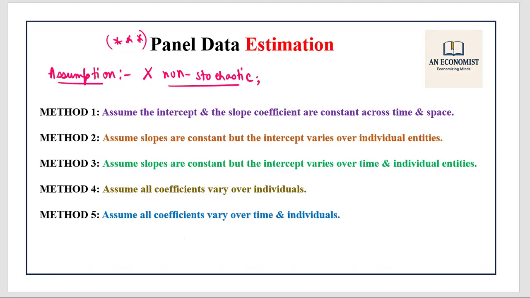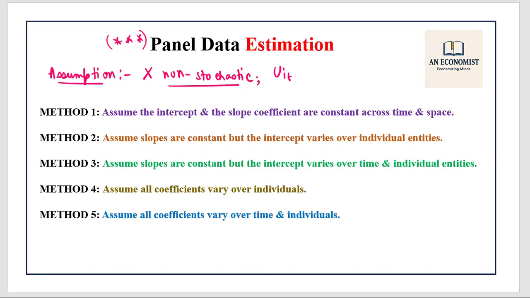And the second assumption, which is general for all these 5 methods, is that the error term, namely the idiosyncratic error term. This also I have introduced in the previous video, that in general panel data will have 2 different kinds of errors, but here I'm just generalizing it. We will see how this will vary in different scenarios, in different methods.